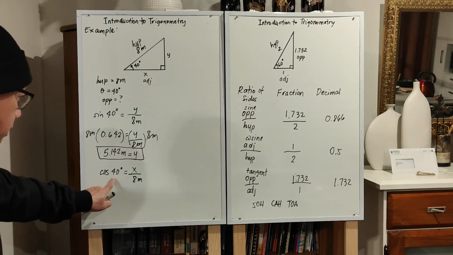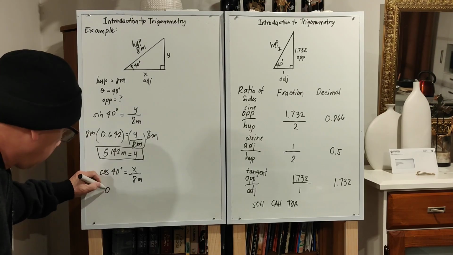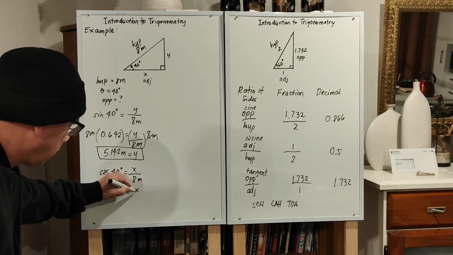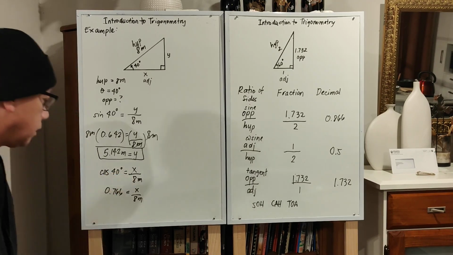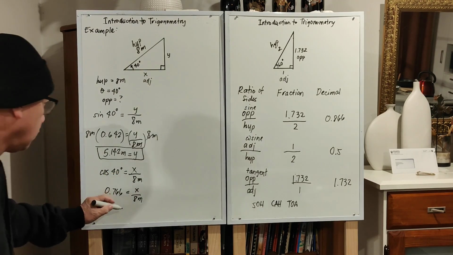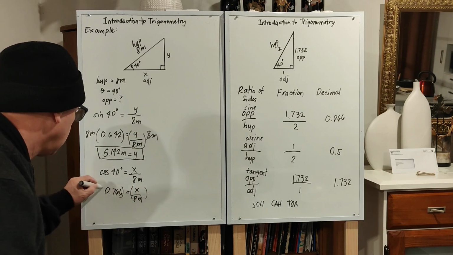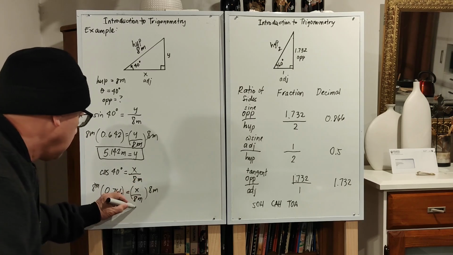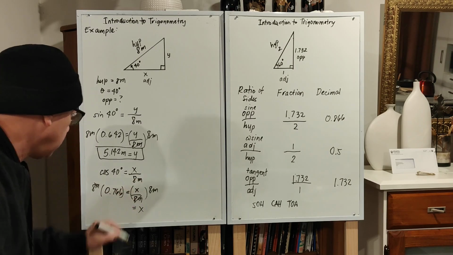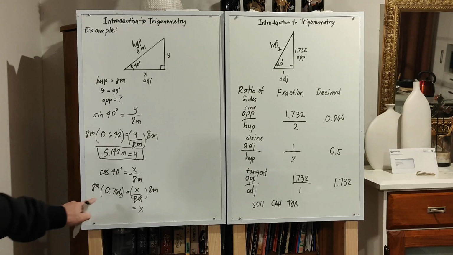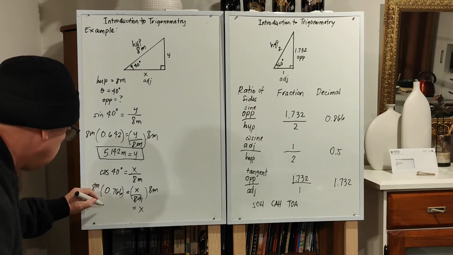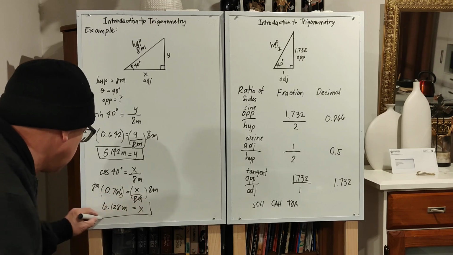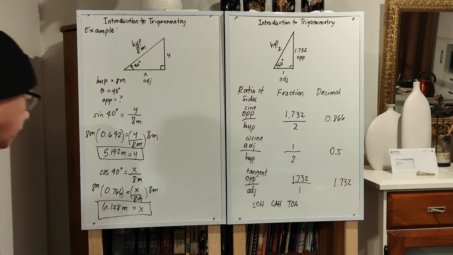We will replace cosine 40 with 0.766 equals x over 8 meters. So to get x, we multiply 8 meters on both sides. So this is x, this will cancel out. 8 meters times 0.766 is 6.128 meters. So this is your x.